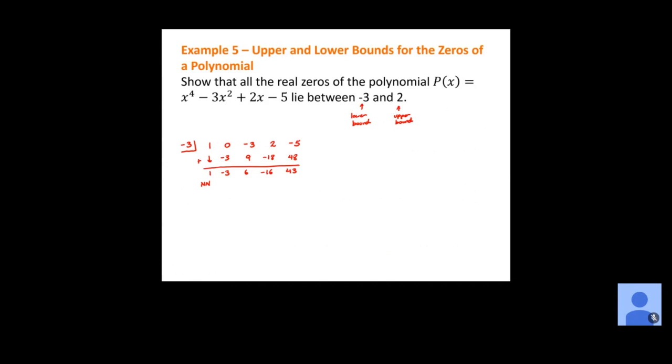It's non-positive. 6 then would be a non-negative. -16 is non-positive, and 43 is non-negative. Because it alternates between non-negative and non-positive all the way down, we can say then that -3 is a lower bound.